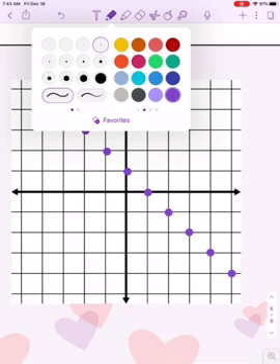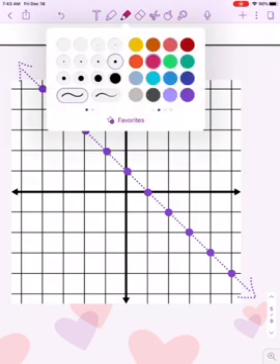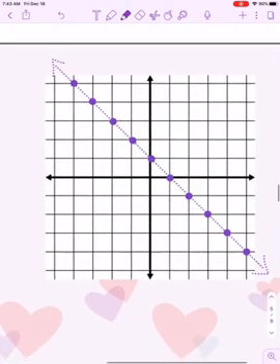Okay, those are the things we need to know, dotted and below. Notability has a dotted line if you want to use it. Just go ahead and connect your points and make your line. And then we said it was less than, so we are shading below.